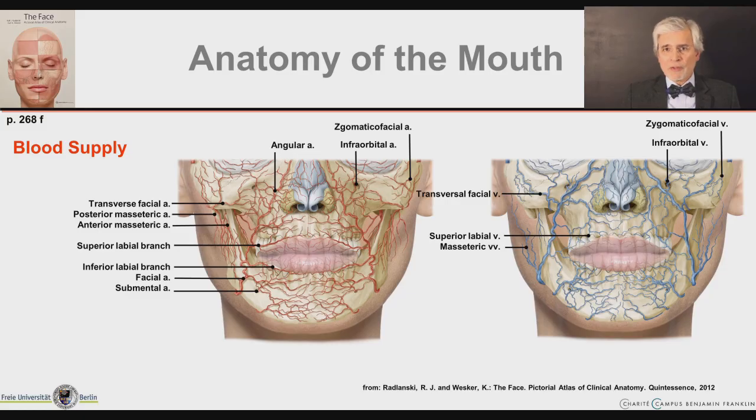The venous outflow from the oral region works similarly, only the other way around. We find on the right side in the picture first the smaller branches, the zygomaticofacial vein, the transversal facial vein, and the veins from the masseter muscle, and the small ones from the upper lip. And below the eye there is the infraorbital vein, which carries the venous blood into the infraorbital canal.